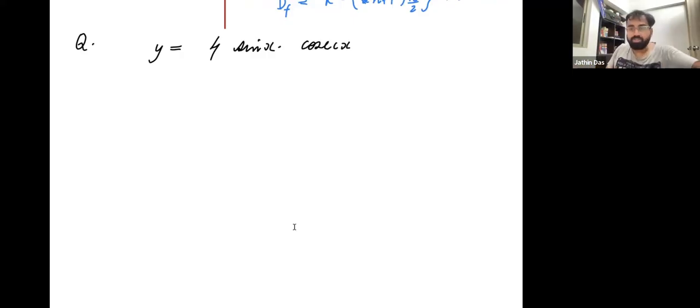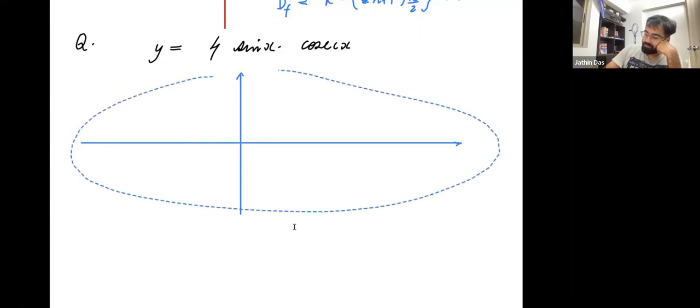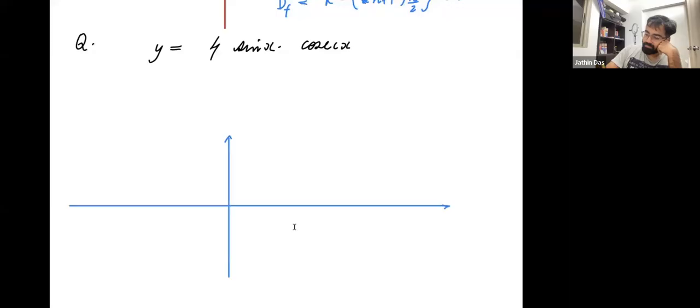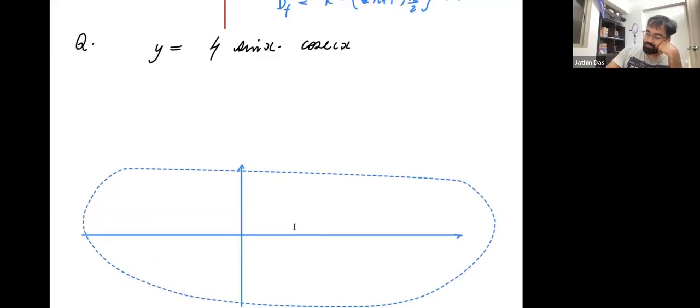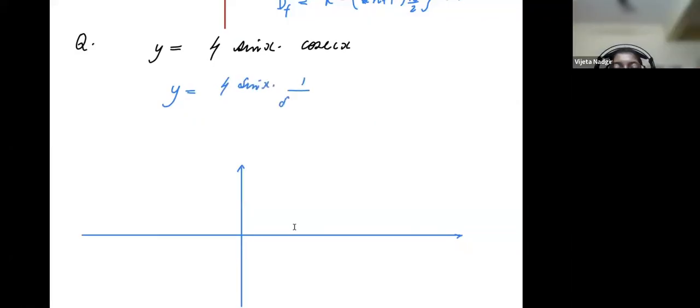Carefully tell me what is the range and domain. Y is equal to 4 sin x into 1 by sin x.